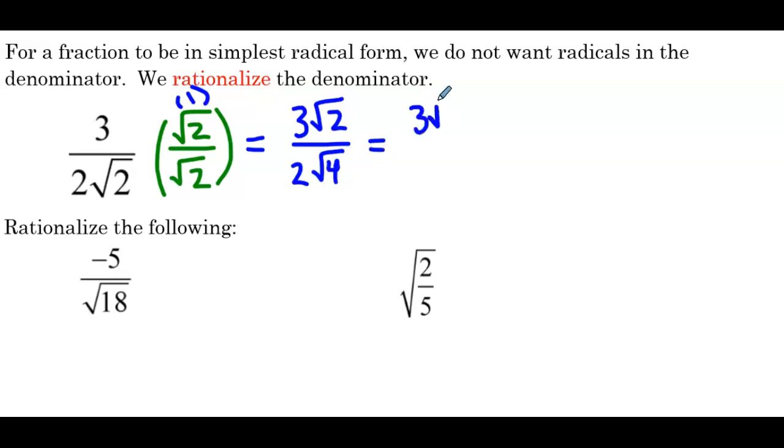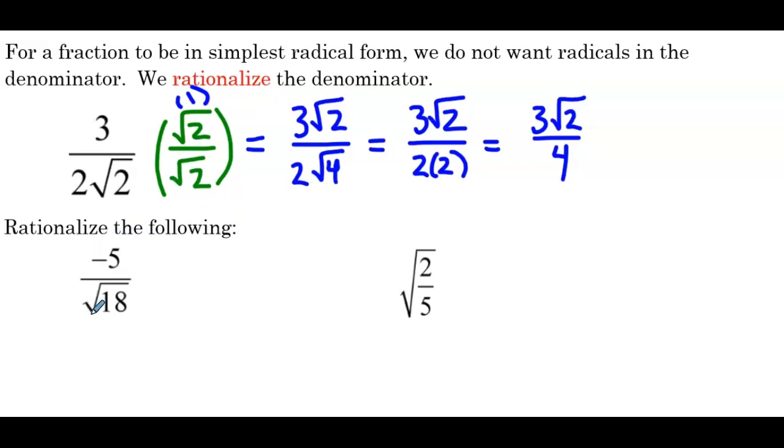So we have 3 times the square root of 2 over 2 times 2, which is 3 times the square root of 2 over 4. And now, these two values here and here are exactly the same, but this expression is in simplest radical form. Okay, so that's the process of rationalizing the denominator. Again, the key is multiplying the expression by the number 1, but just in a really, really creative way.